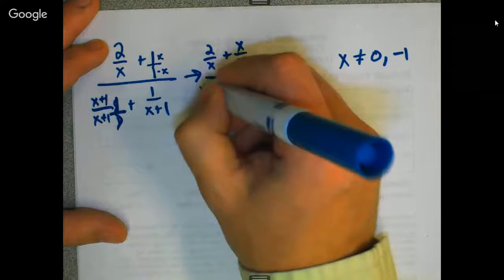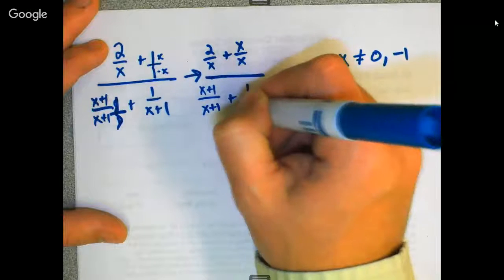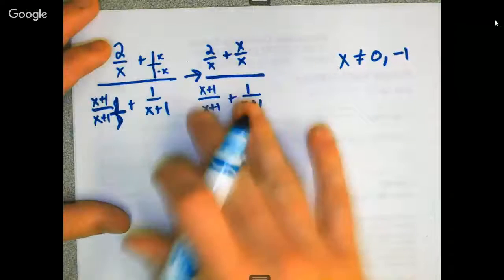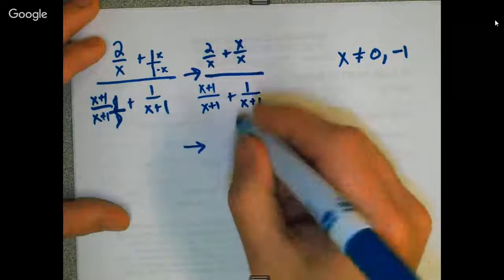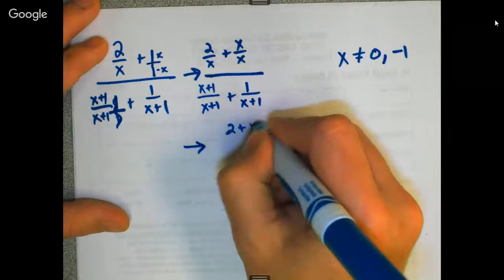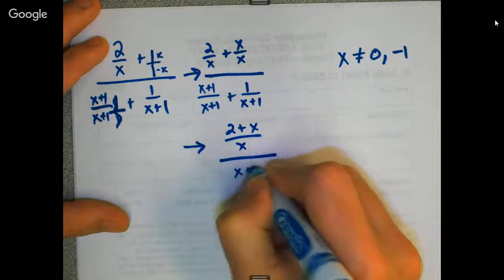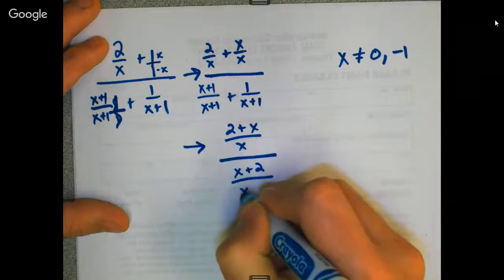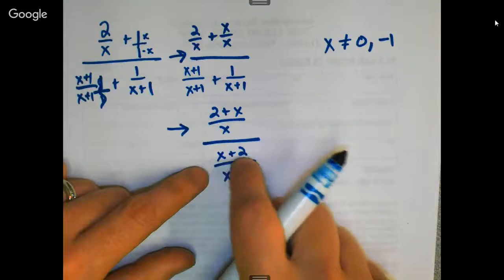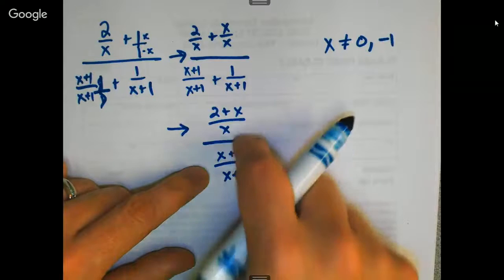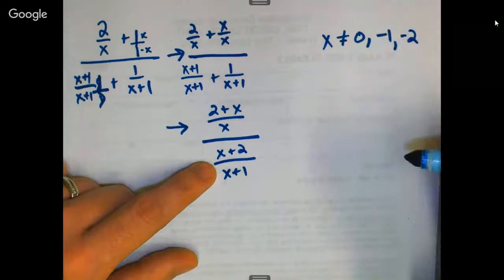So x plus 1 over x plus 1 plus 1 over x plus 1. My domain restriction, I can now combine. So 1 plus x over x over x plus 2 over x plus 1. Okay, now look here. This can also not be 0 because it is in the bottom. Add a minus 2 to my restriction.